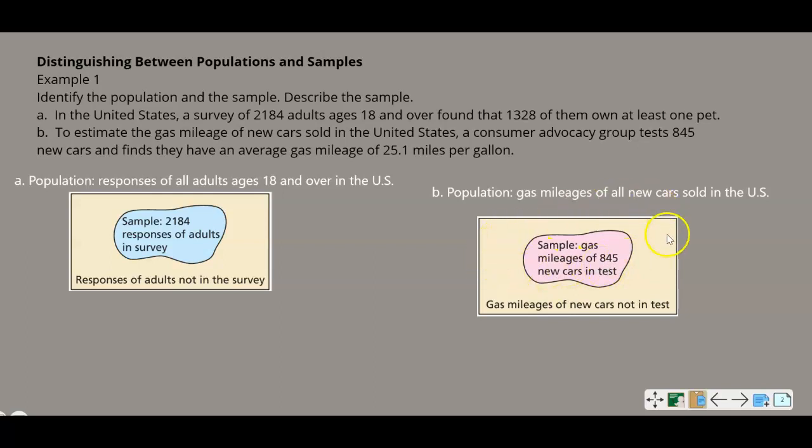And remember, together, the cars not in the test and the cars that were in the sample, they make up the entire population, just like it did over for Part A. So the most important thing here is to recognize the difference between the entire population that they're talking about, whatever the problem is asking, and then can you determine the sample space that is separate from the entire population.